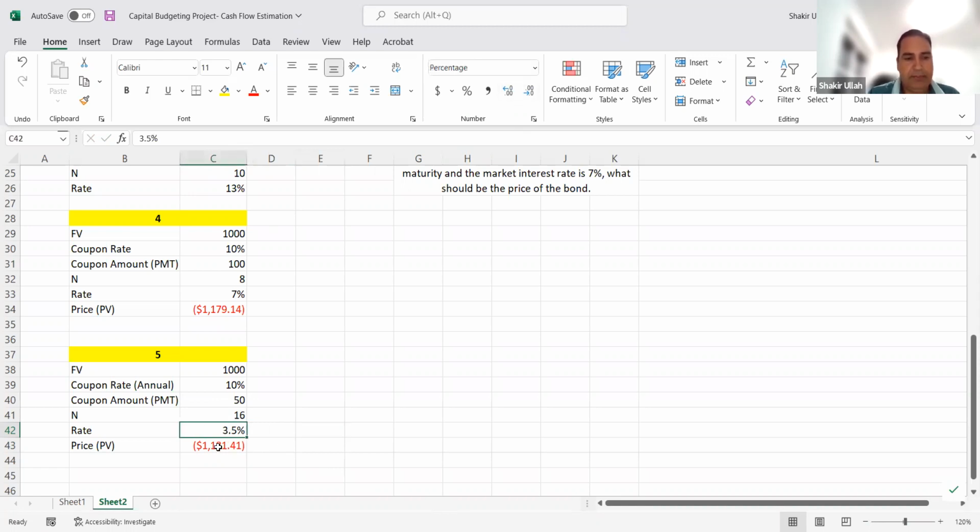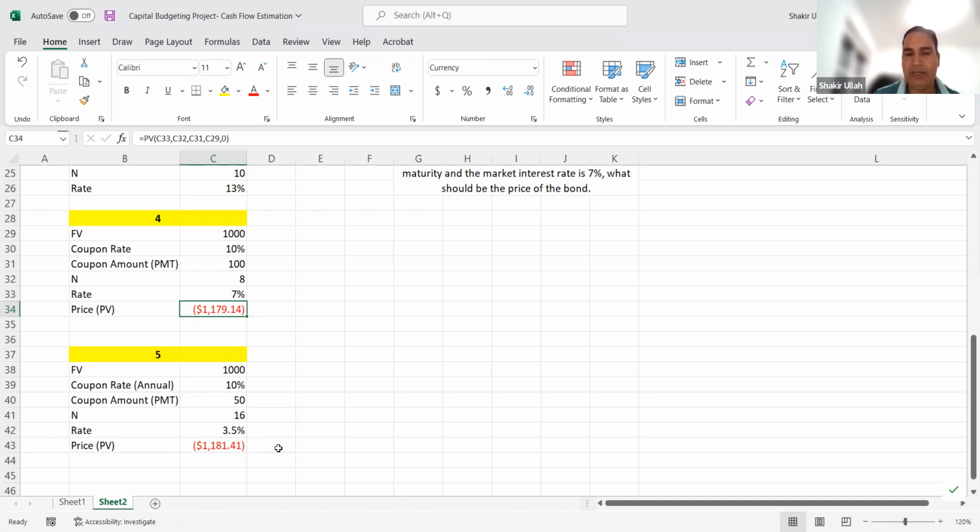So that means if it pays a semi-annual coupon, now it's the same bond. The only difference is that it pays the coupon every 6 months instead of waiting for the whole year. So in that case, the present value comes out to be $1,181. And you see that the other value with the annual payment was $1,179.